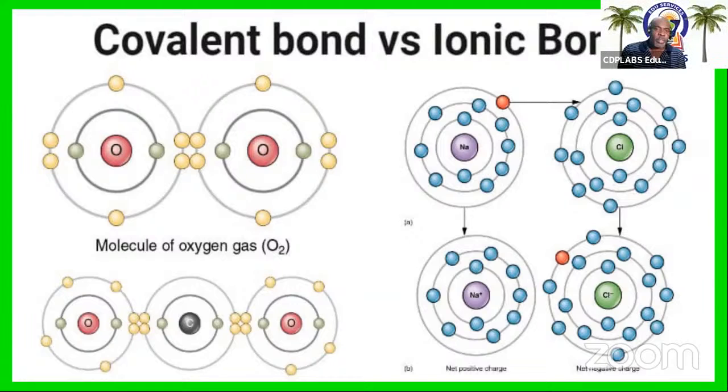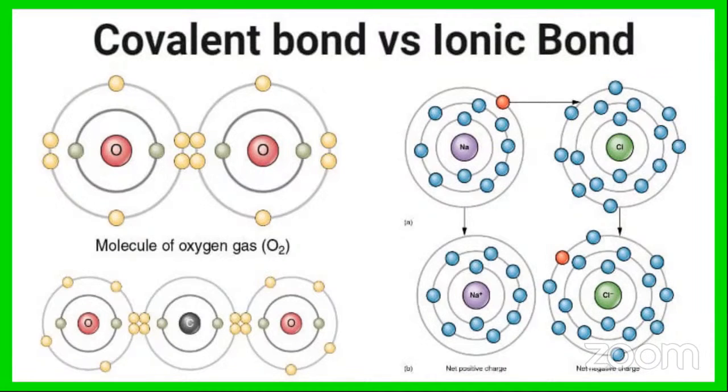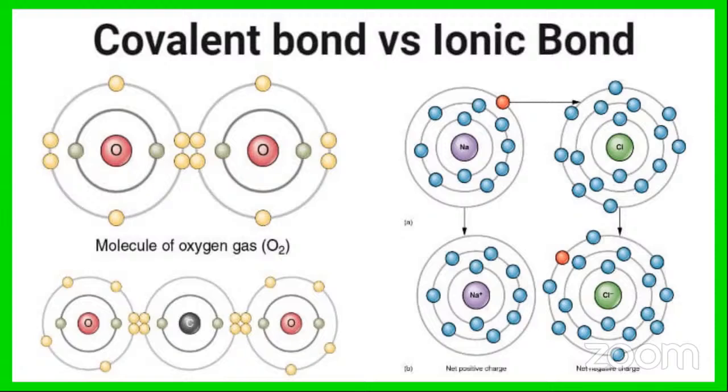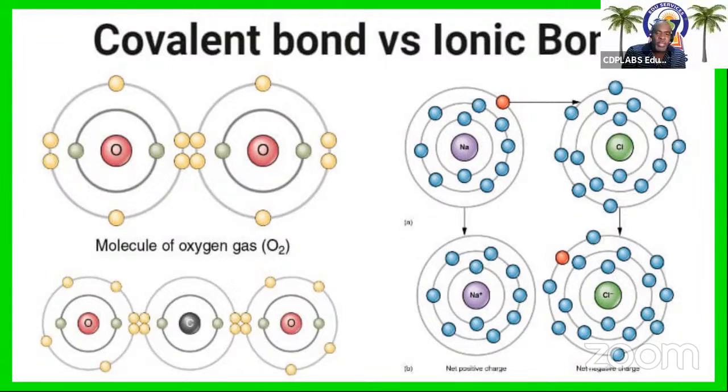Anyone tell me? You say the answer, Kadeen. The atomic number for oxygen. Yes, sir, 8, sir. 8. How many electrons are on the last shell?